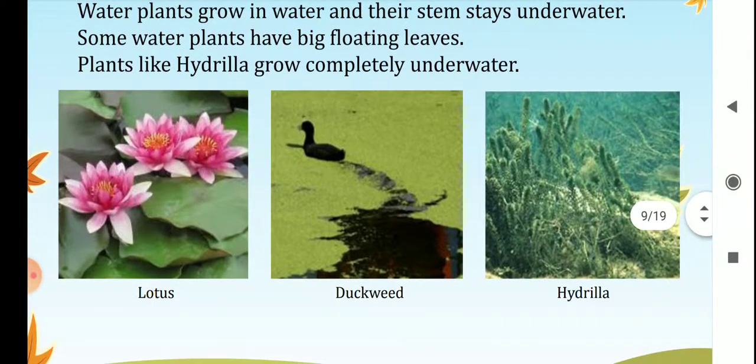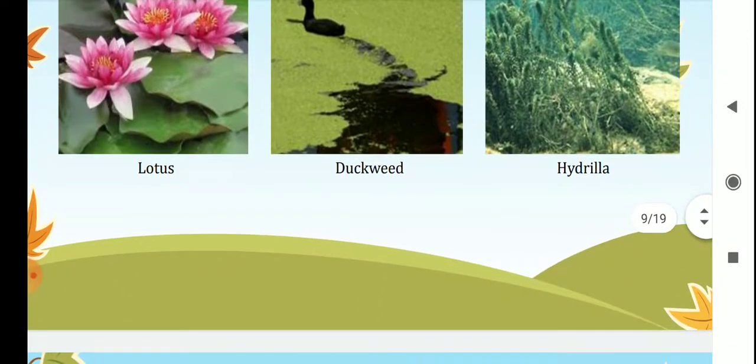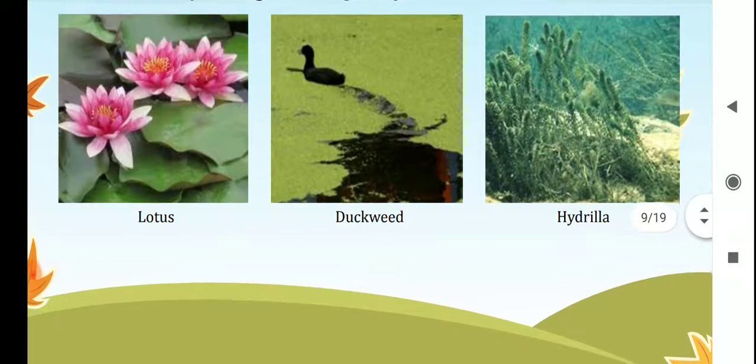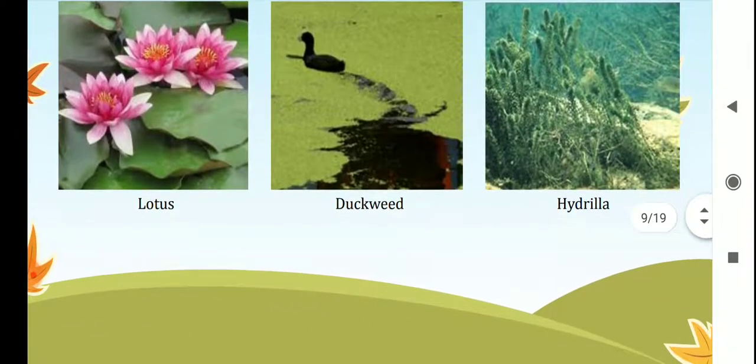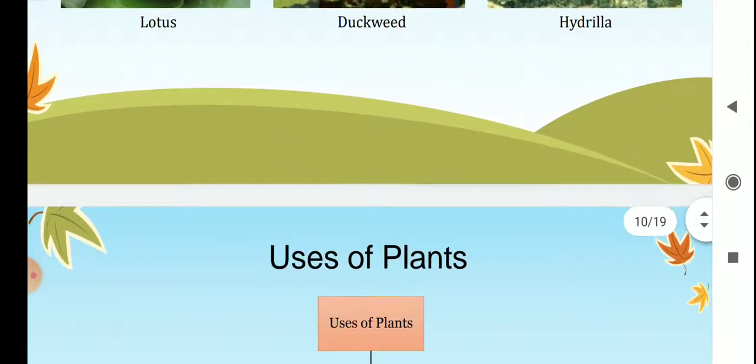Plants like hydrilla grow completely underwater. Yes, there are lots of plants under the sea or lake and other water places, and their life continues under the water. Some surface water plants are lotus, duckweed, then hydrilla.